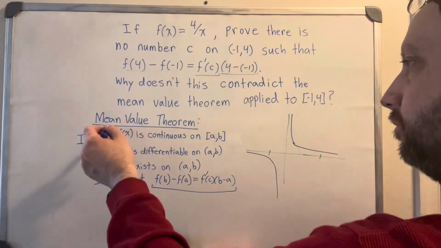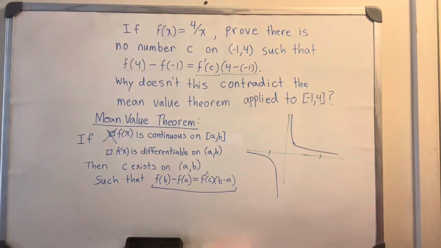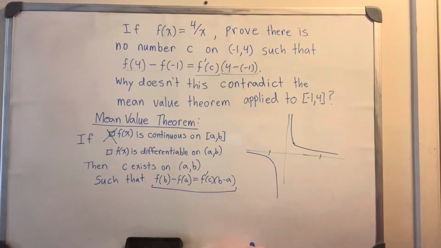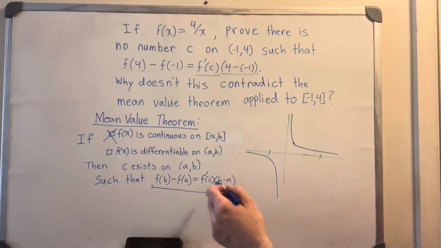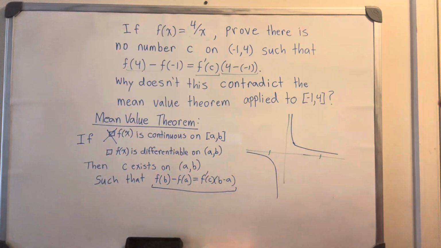So, because this function is not continuous on this interval, we already know the mean value theorem is not going to guarantee that there is a value such that this is true, because with this first one, we don't even have to check to see if it's differentiable.